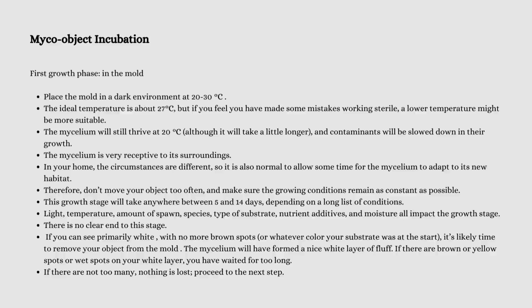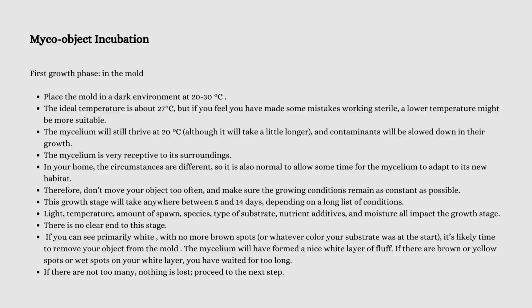So, if at some point in the first week or so you can see primarily white, and again, this will depend on what you're using as your substrate. If it's a grow kit, definitely within 5 to 7 days, you will see that. If it's your own mix, this might take up to 2 weeks to fully myceliate, and it also depends on the scale.